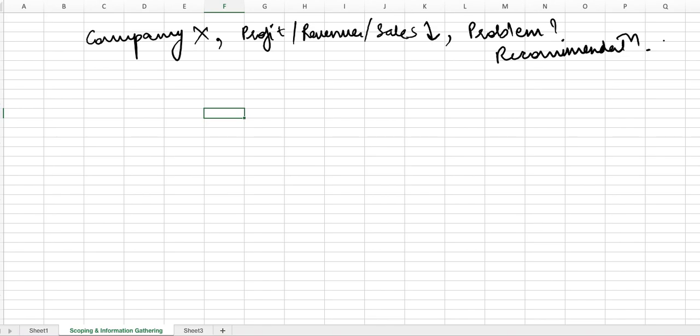Okay, so this is the general structure of any question being asked on the profitability framework.